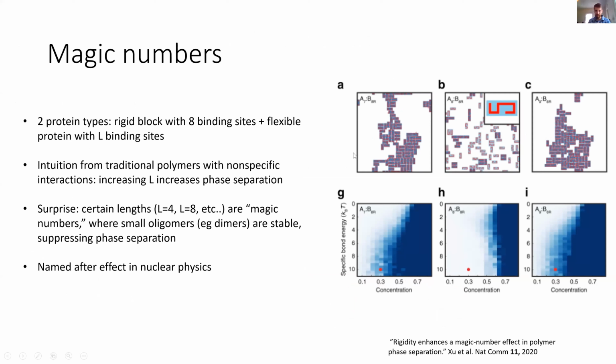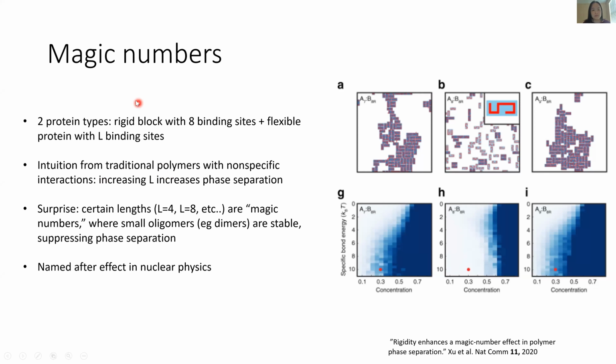The basic setup is that you have two protein types. You have a rigid block with 8 binding sites in this case. That's this blue guy. And then a flexible protein with L binding sites. That's the red guy. Your intuition from traditional polymer physics with non-specific interactions is that as you make this flexible polymer longer, you should get more phase separation.